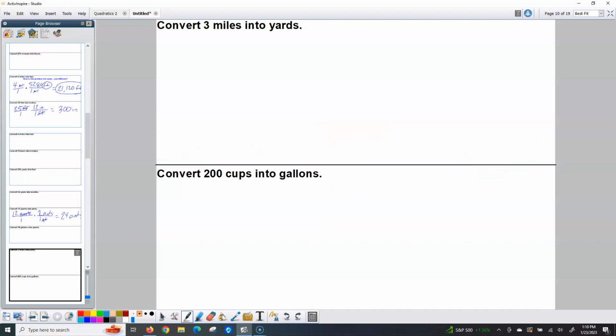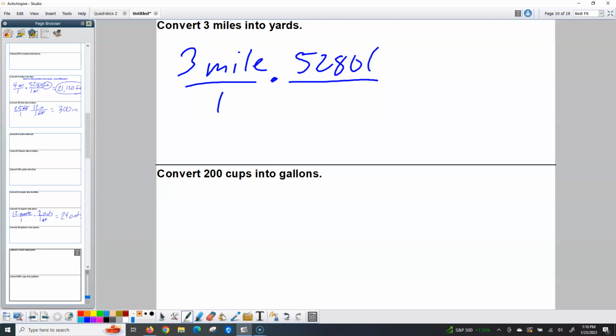Same stuff here. You're going to have just an extra step. So I've got 3 miles into yards. I don't know the exact conversion. I'm sure that somebody does. I don't know what it is, but I know that in 1 mile, there is 5,280 feet. So I put the mile on the bottom here so that those units will cancel out.